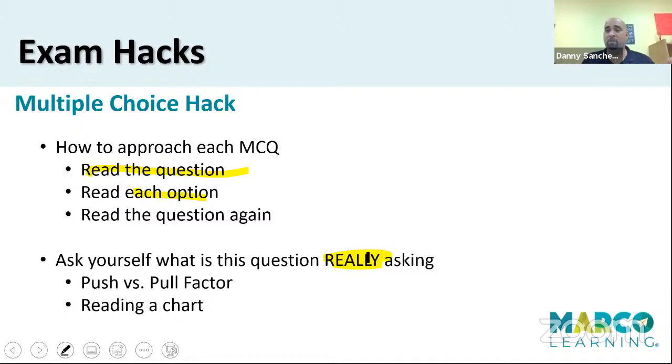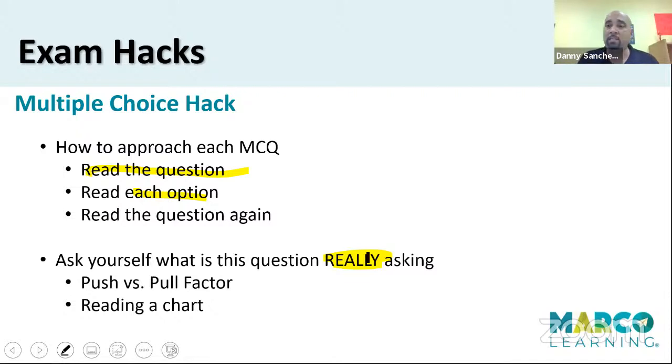If you're looking at a chart where there are gains of a certain type, and one feature's line looks like this, and the other feature's line looks like this, it's basically asking you to identify which one is more, the angle like this or the angle like this. And that's all it's really asking you. Can you read a chart, and can you come to a logical conclusion from just reading the chart?